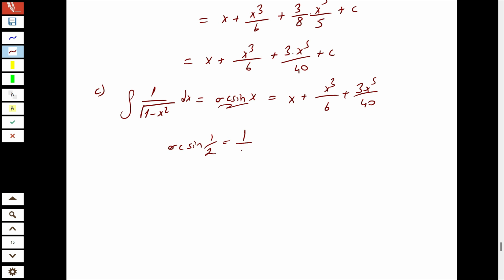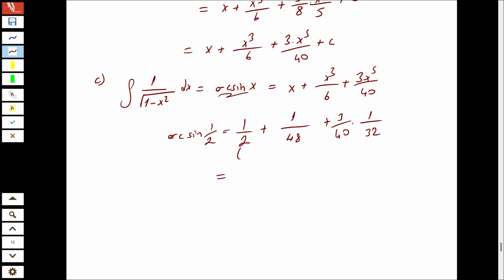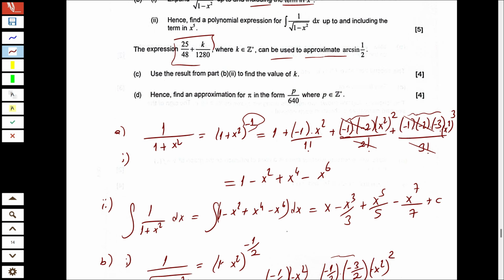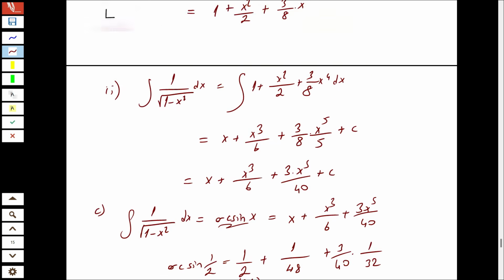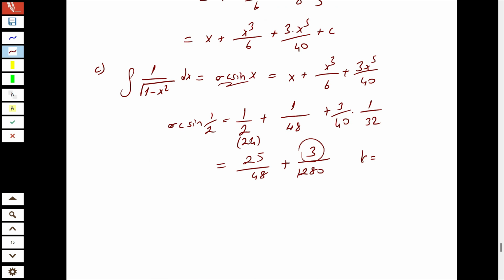To do that, I'm just plugging 1 over 2 plus, I will write directly, if you don't mind, 1 over 48 plus 3 over 40 times 1 over 32. Just simplify here, and you can write the common multiple for these two fractions, and it will give us 25 over 48 plus 3 over 1280, right? Yeah. So we found the value of k in here, the numerator of this fraction, k equals 3.